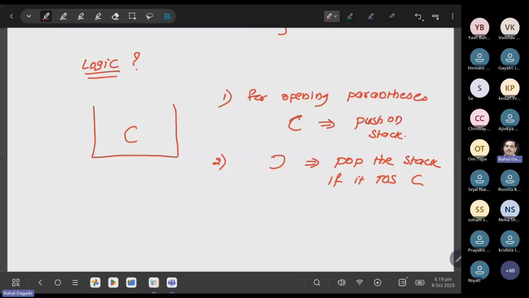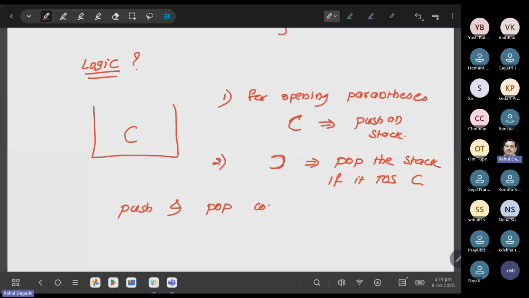So these operations, push and pop, will happen at any time. There are no two separate states where one state does push and another state does pop.